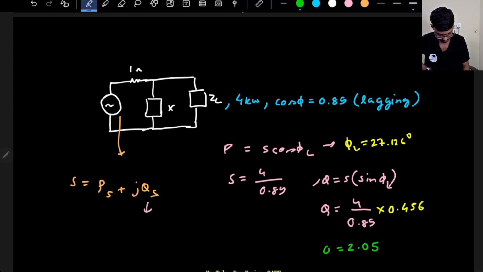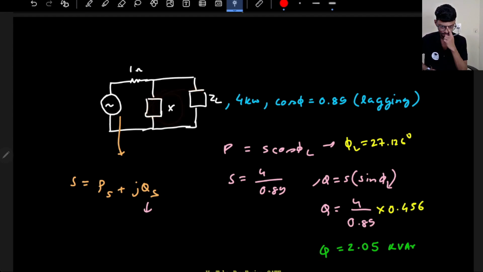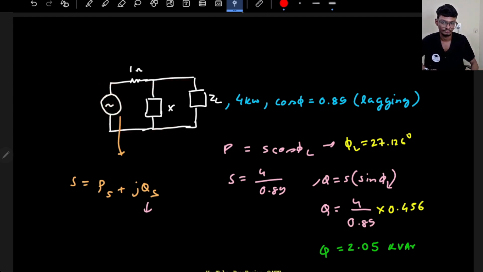Q will be equal to 2.05 kVAR. So this much amount of reactive power I want this X to supply, instead of this input source supplying it. I want this X to supply this much power.